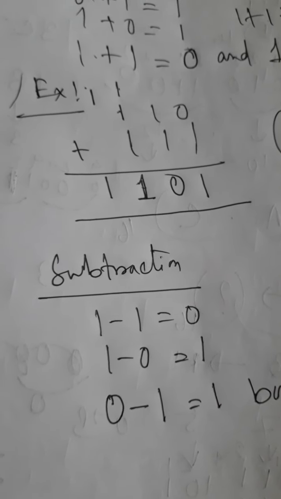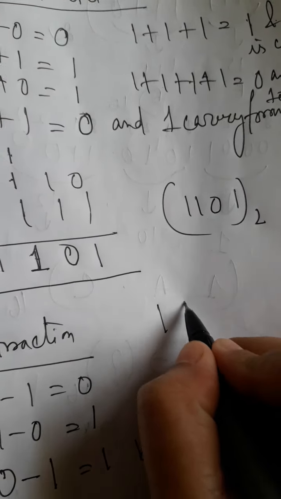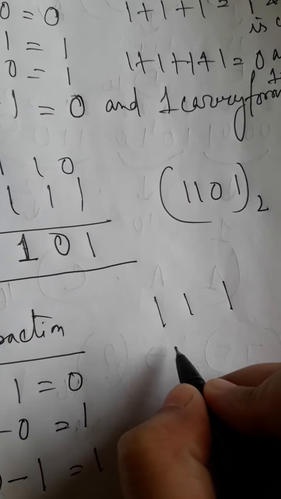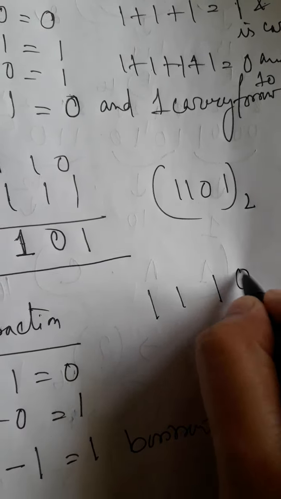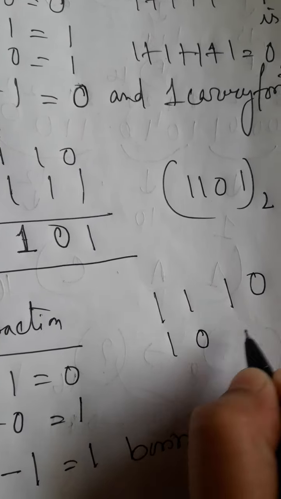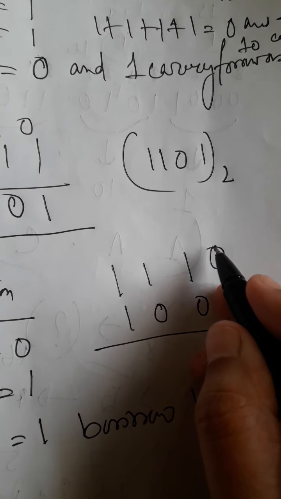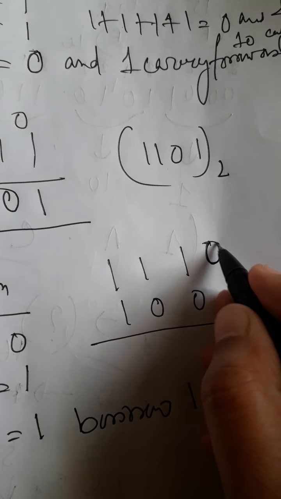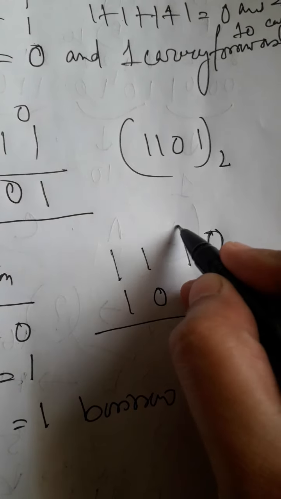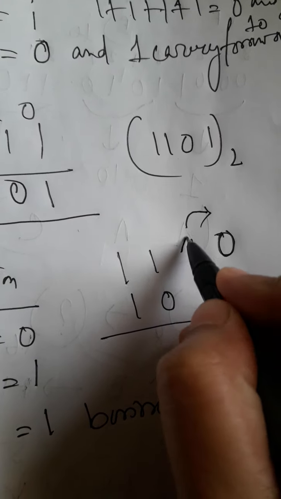So now if we subtract 1 1 1 0 1 0 0 1, see, it is 0. 0 is smaller than 1. Then we have to borrow a bit from its previous bit, that is 1.